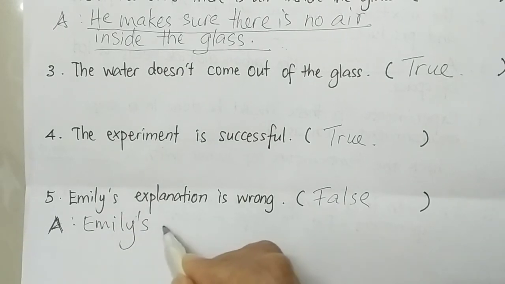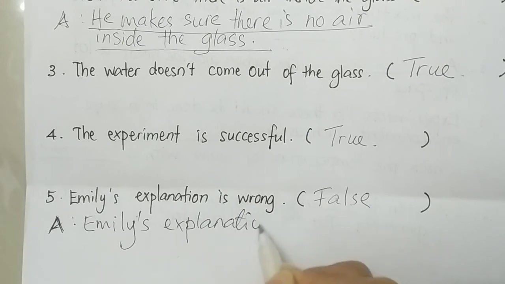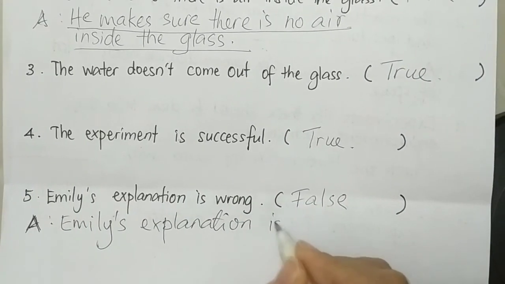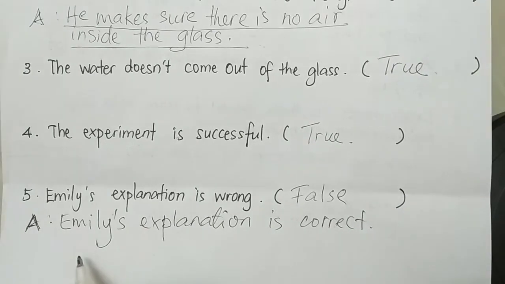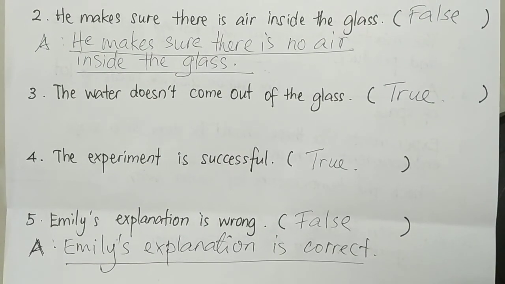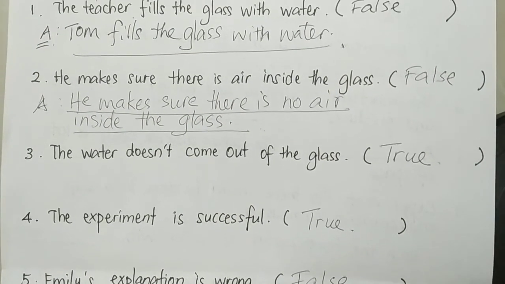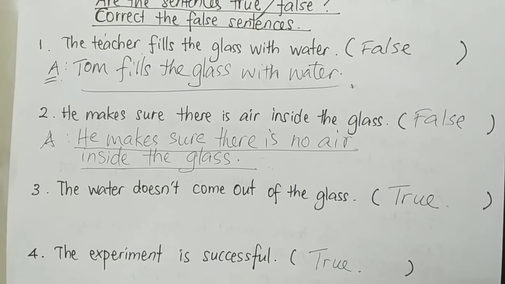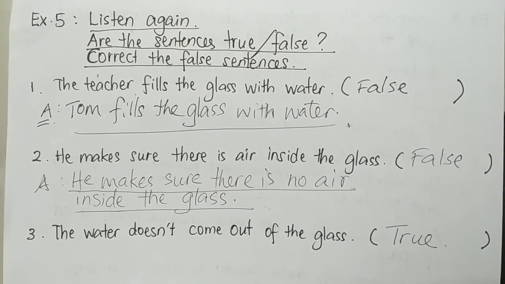So we write down: Emily's explanation is correct. As simple as that, class. Alright? So that's pretty simple. These are the answers for exercise 5.